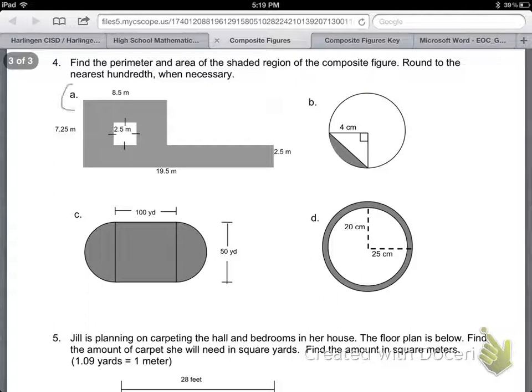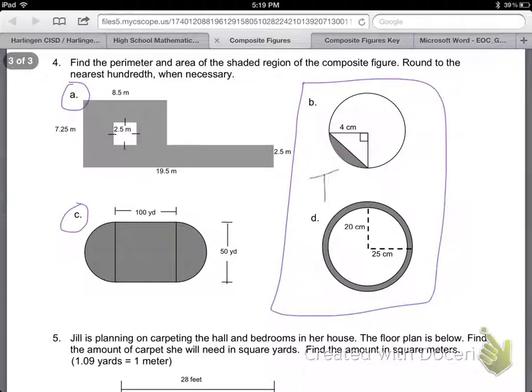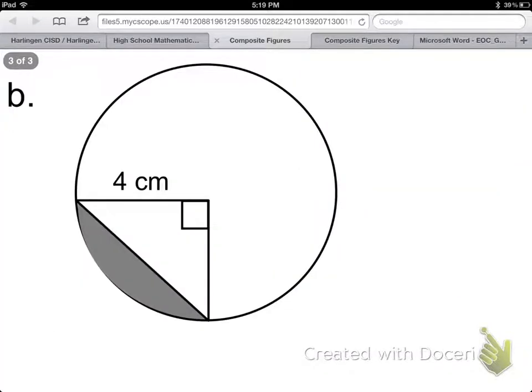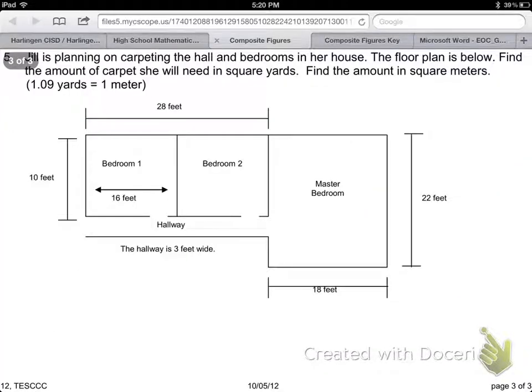I want you to try A. I want you to try C. And we'll do the 2 circle ones in class. And if you think you can, try this one. This question right here. This is a very, very good question. See if you can try it.